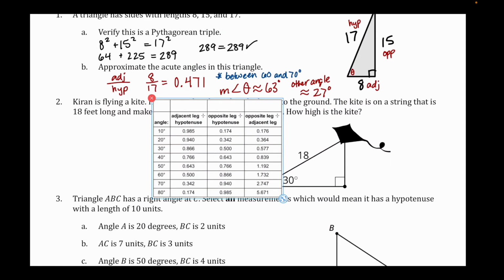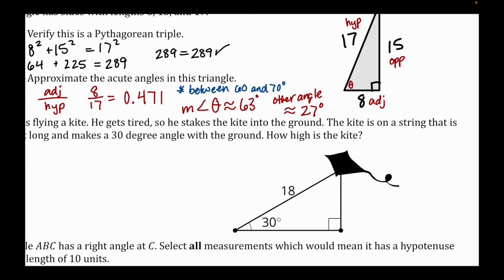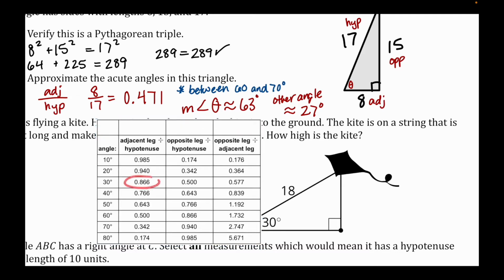So 15 divided by 17, and we want that to be around 27, so pretty close to 30. 15 divided by 17 is 0.882. And if I take a look here at 30, 30 is 0.866, and to get higher up would be closer to 20, so 0.88. That would work for us saying that this is 27. That would be correct, that it falls within that range.